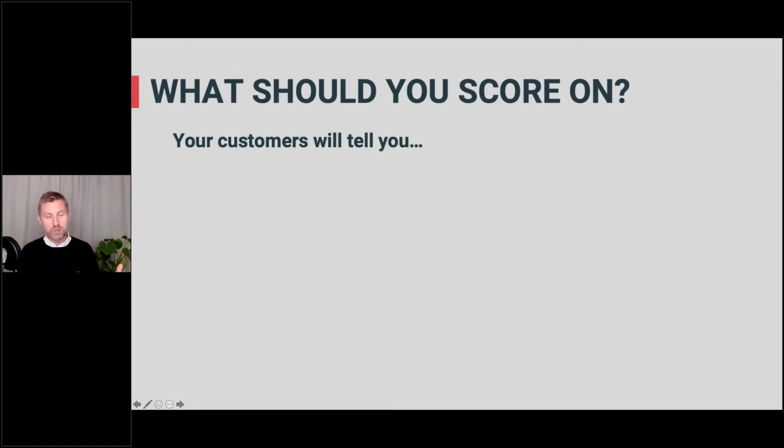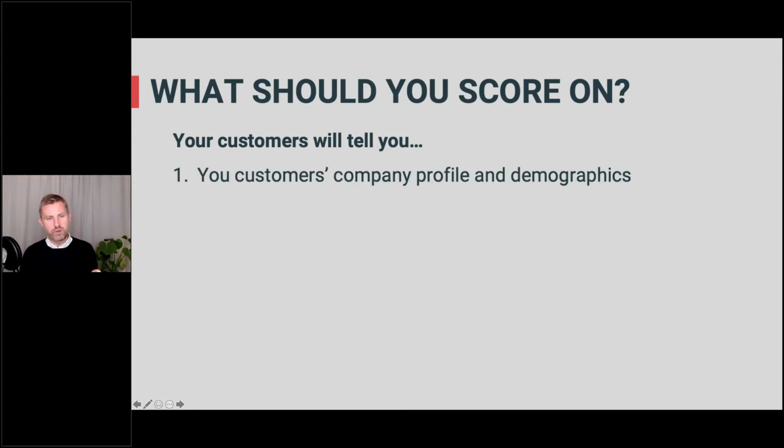A really good first step when you want to figure out what you should score on is actually looking at your customers, like your average customer or the last 20 sales we've made, whatever data set makes sense and is possible for you to grasp and analyze. So look at your existing customer portfolio and look at their company profiles, the demographics and company firmographics that you can identify there.